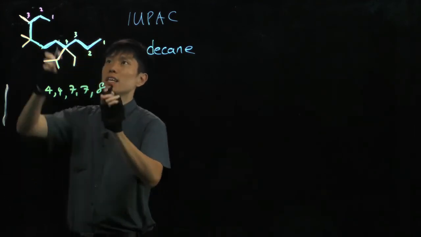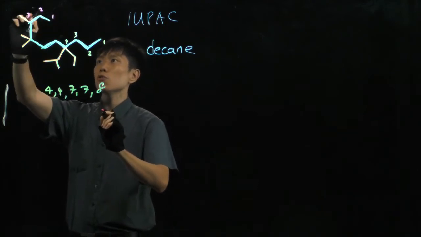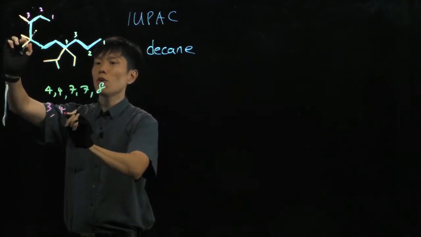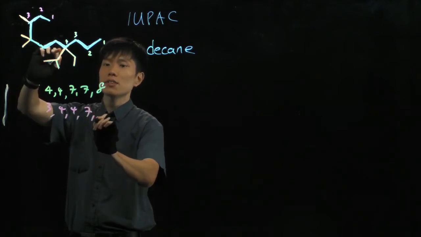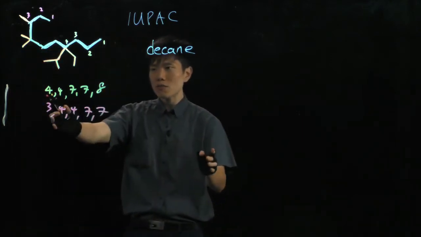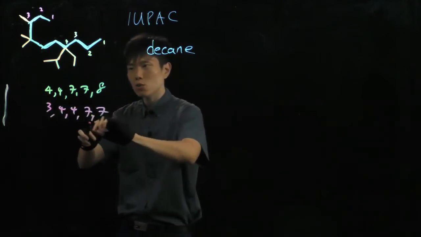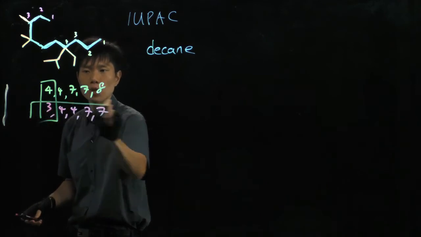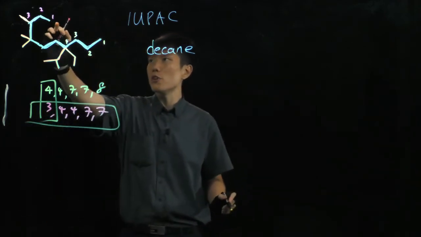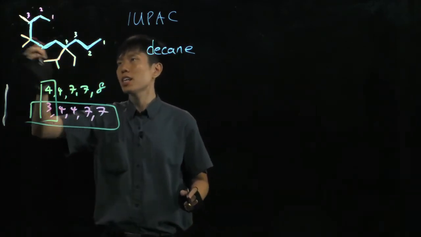But if I use my pink one, 1, 2, 3, I get 3, 4, 4, 5, 6, 7, 7, 7. So again, you arrange them from smallest to largest and you go one by one. 4 against 3. 3 is smaller, so the whole set will win. That means we will follow the arrangement for the pink color marker.